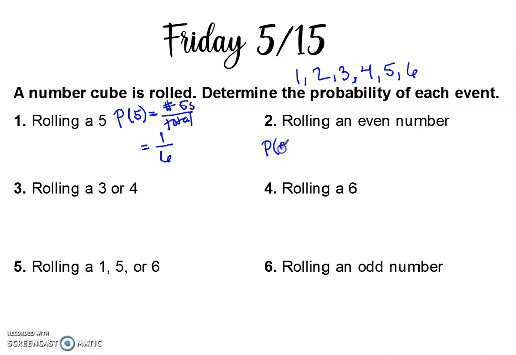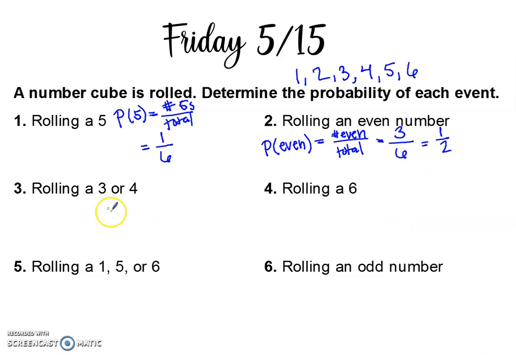The probability of rolling an even is the number of evens on the cube over the total. So 2 is even, 4 is even, and 6 is even. 3 of the outcomes are even out of the 6 total, but you can reduce that, so I'm going to write a half.